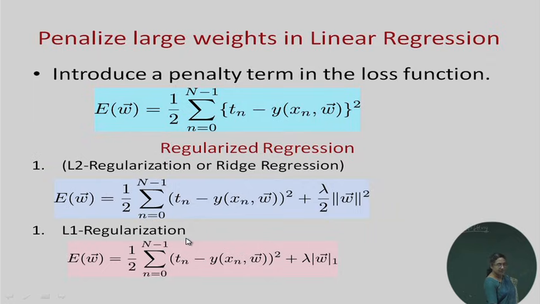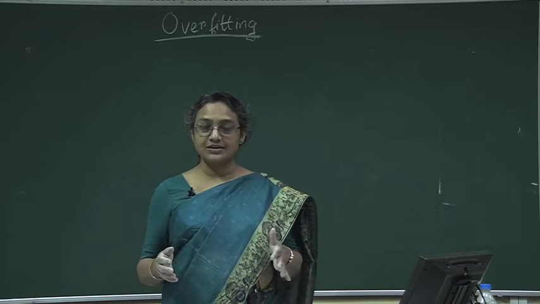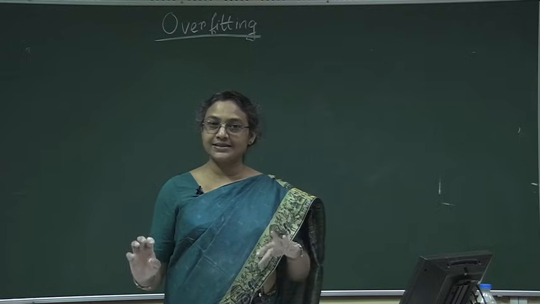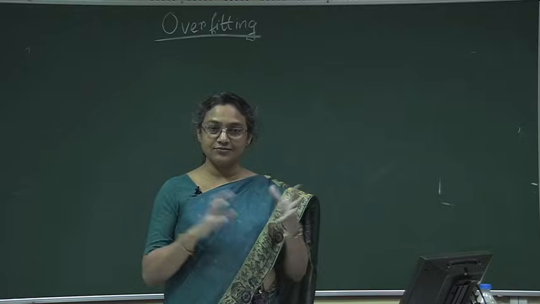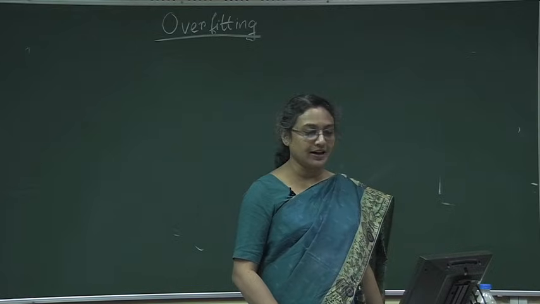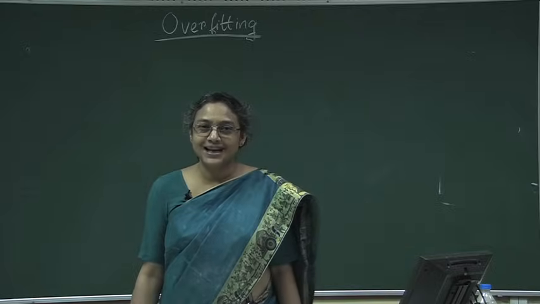And in L1 regularization or lasso, we use the L1 norm. This is added to the penalty function, and this is the function that you try to optimize. So, you prefer weights that are small and error that is small. If you do that, it can help in preventing overfitting in linear regression. With this, we come to an end to this class. Thank you.